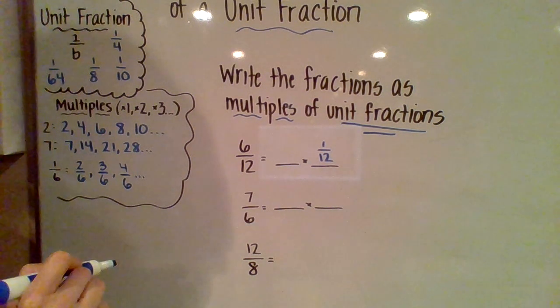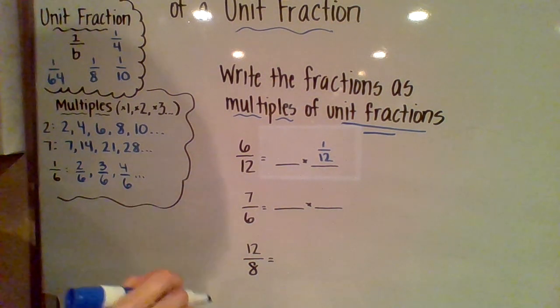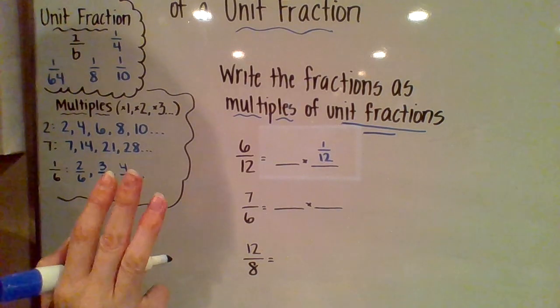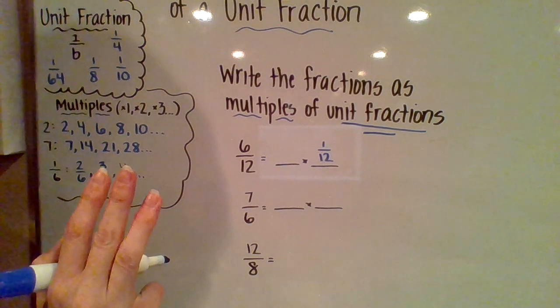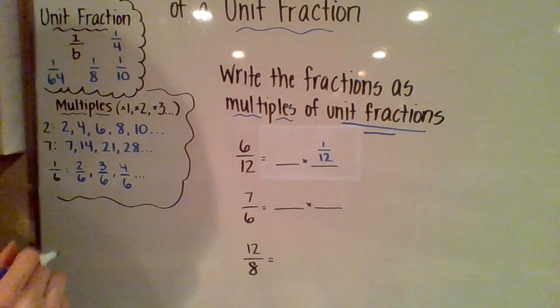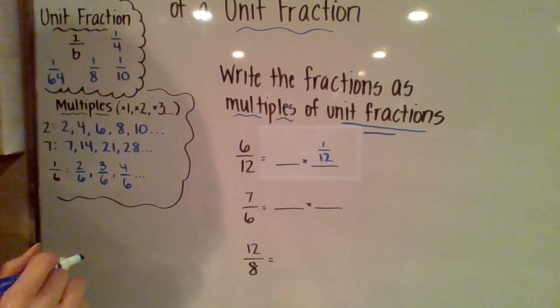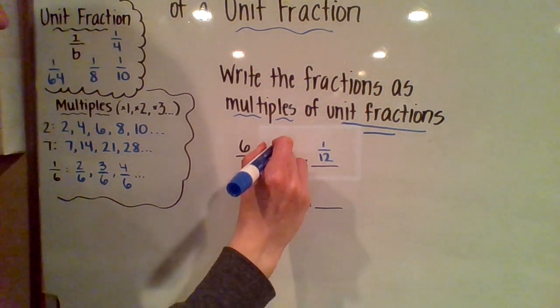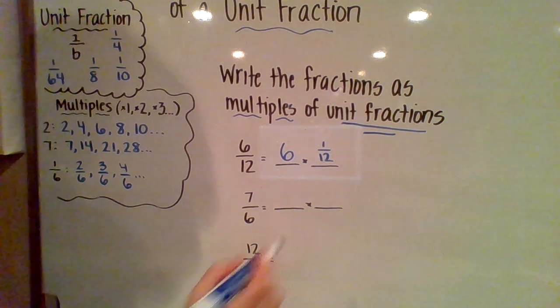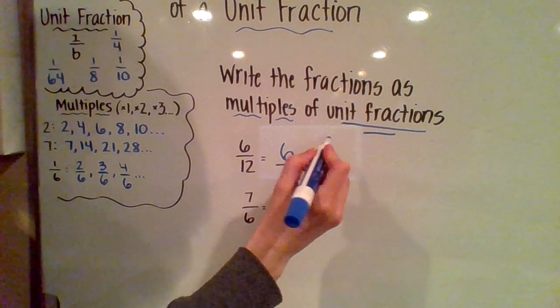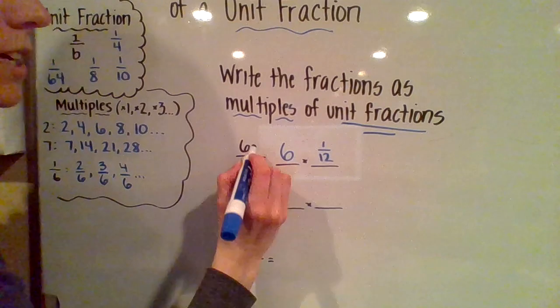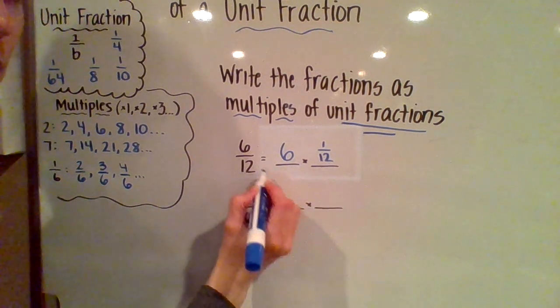Think in your mind, multiples of 12. 1/12, 2/12, 3/12. So what multiple of 1/12 would get us to 6/12? Say it out loud. You should get 6, because let's think about it. What is 6 times 1/12? 6 times 1 is 6, and our denominator stays at 12.